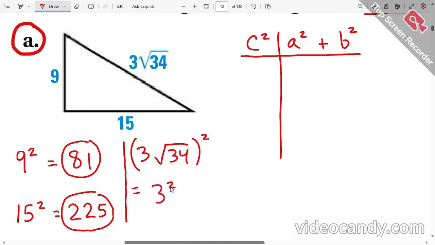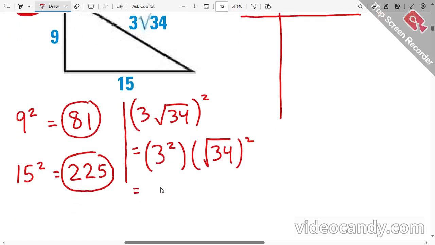So that's going to be 3 squared times radical 34 squared. Okay, and let me see. 3 squared, or 3 times 3, is going to be 9. Radical 34 squared, you just remove the radical, so that's 34. And 9 times 34 is going to be 270 plus 36, that's going to be 306.